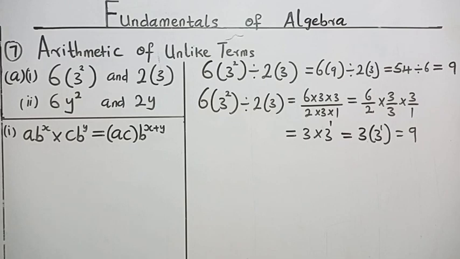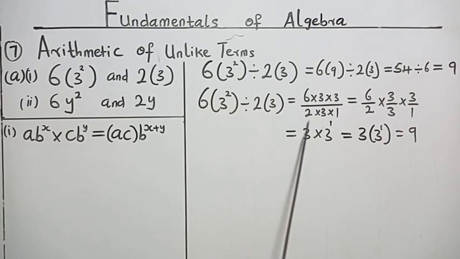Then let us try a different method we can apply to get the same 9 as the result. If there is no other method available to us, which we know that we can use to carry out the same number operation to get the same 9 as the answer, it means that we don't have a law or alternative method of doing it. But here, we do have a different way of doing it, and that is what happens here. 6 bracket 3 to the power 2 divided by 2 bracket 3.